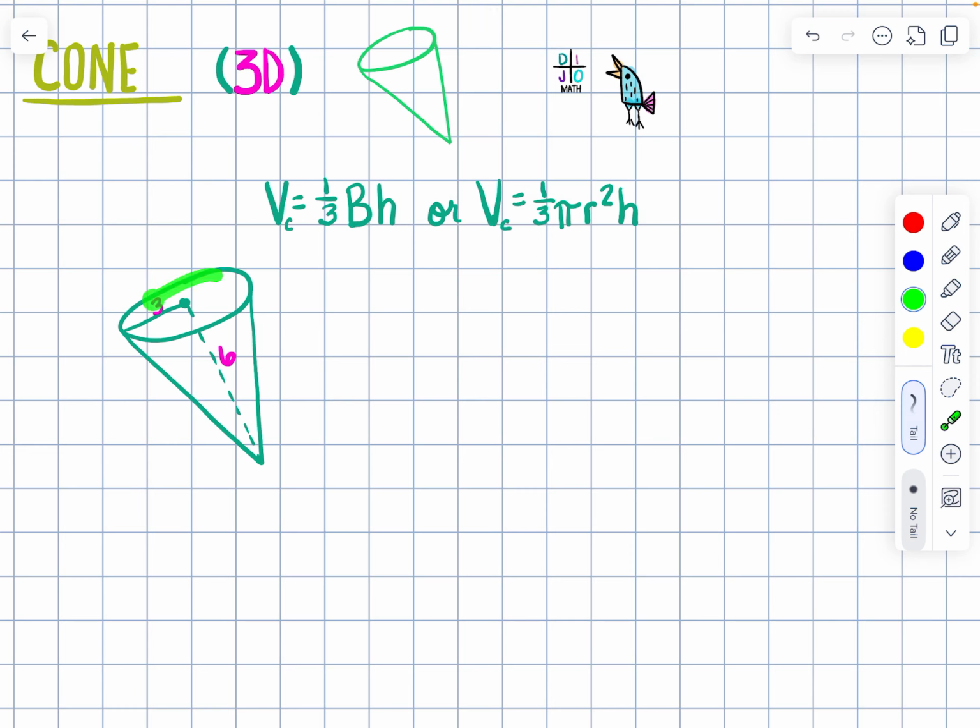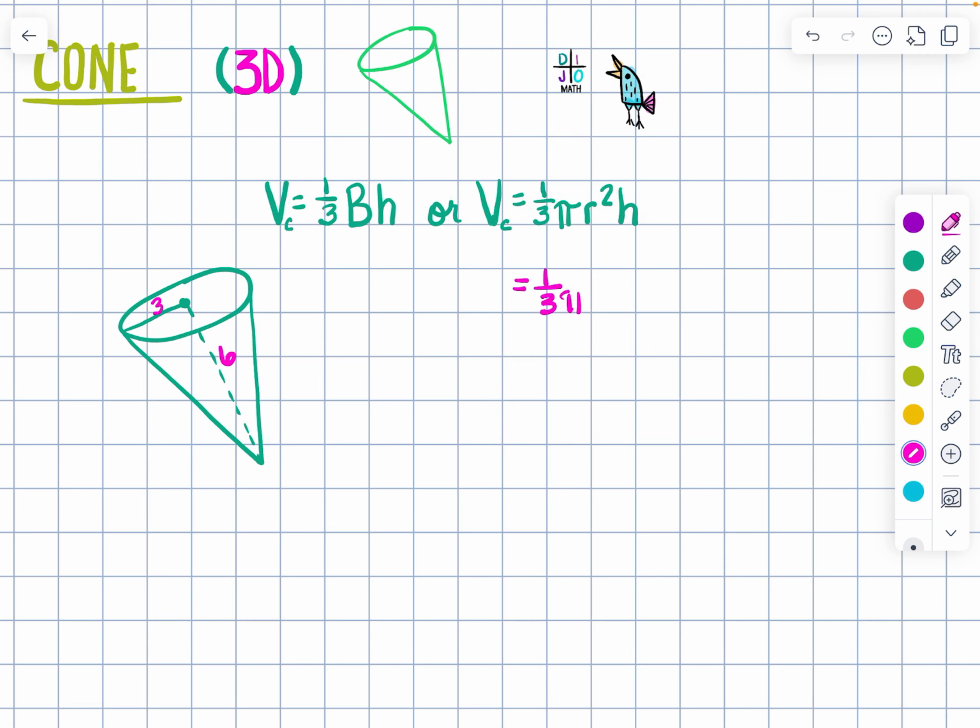And the area of the base is a circle, and the circle is pi r squared. Okay? And for me, I prefer this because I'm going to have to do it anyway, so might as well start with all the information. So let's go ahead. We have everything we need to solve this, so let's go ahead and start doing that.